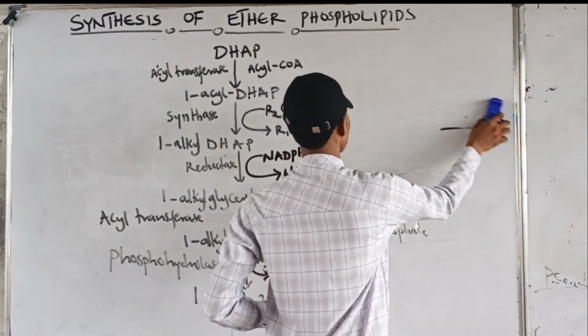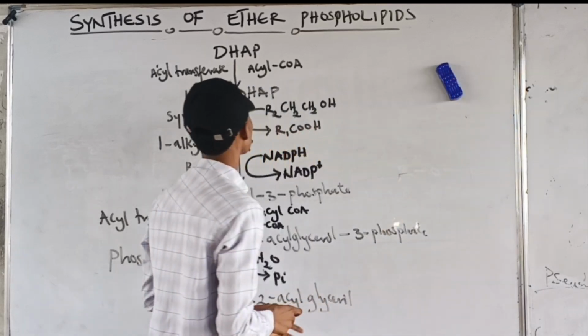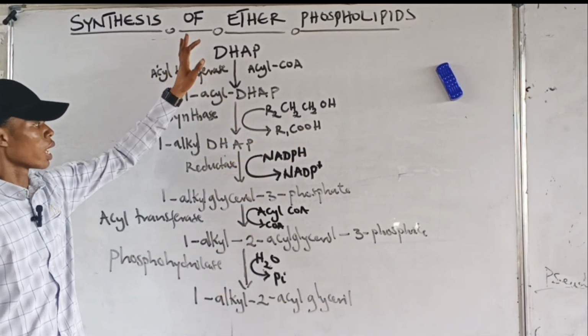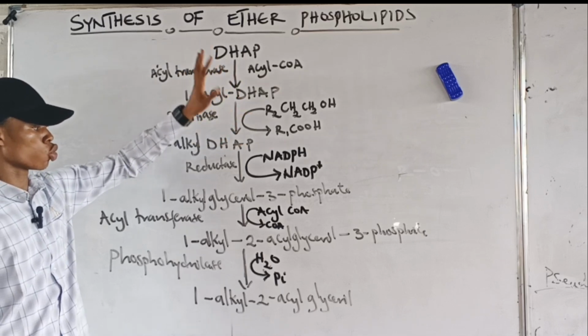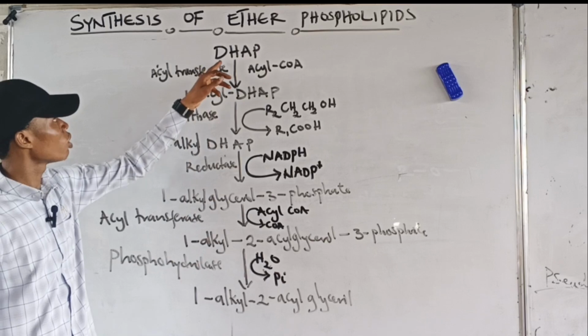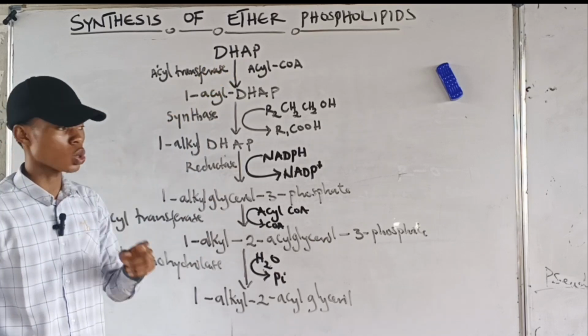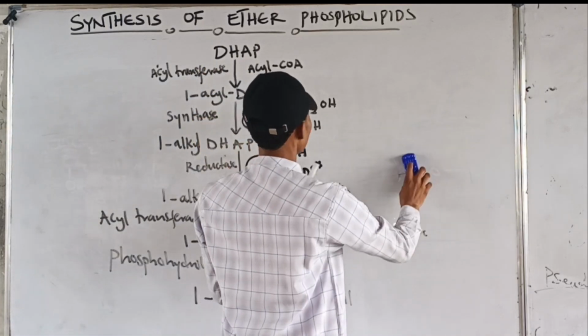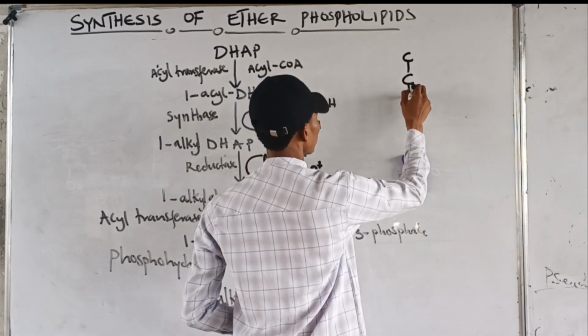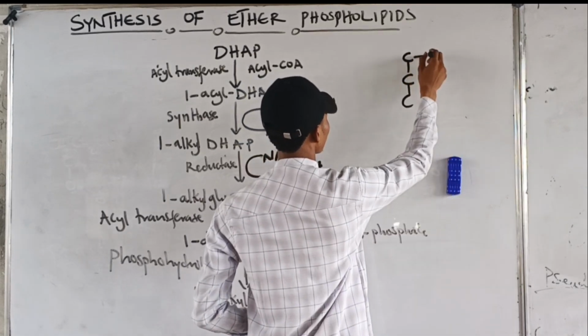Alright, so if you want to synthesize your ether phospholipids, always start with dihydroxyacetone phosphate. I'm going to be using structures so that you can visualize what you're synthesizing. Now, dihydroxyacetone phosphate, that's DHAP. It is still 3 carbon, 1, 2, 3.